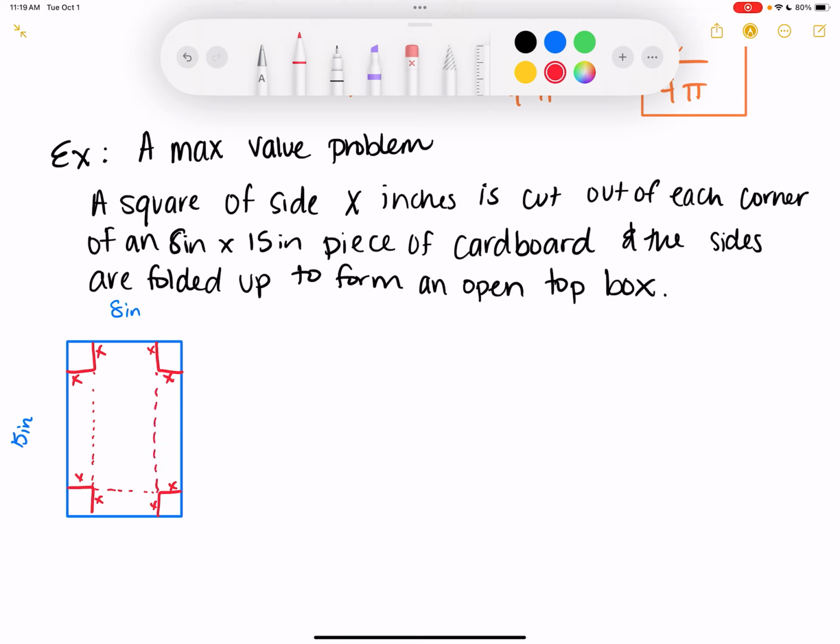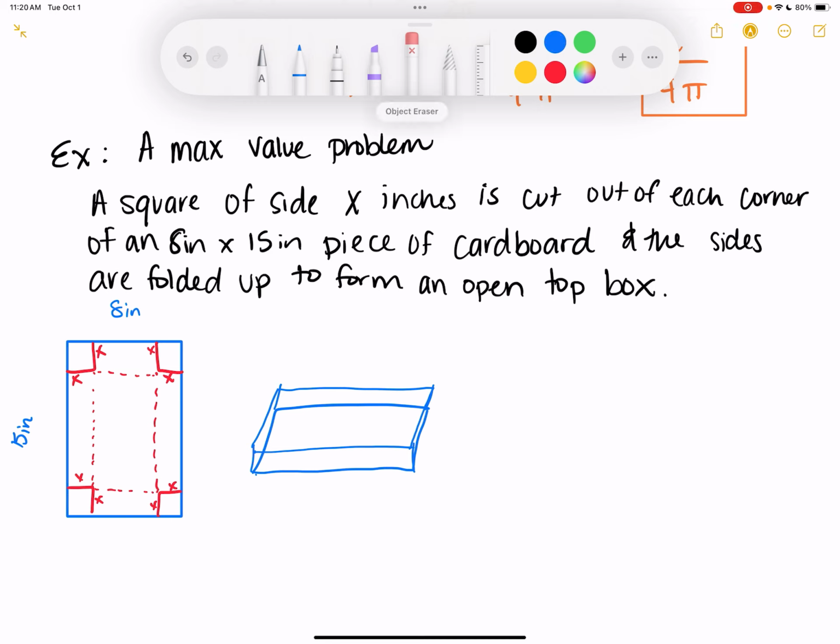To create a box. No, it's not the greatest looking box, but anyways.